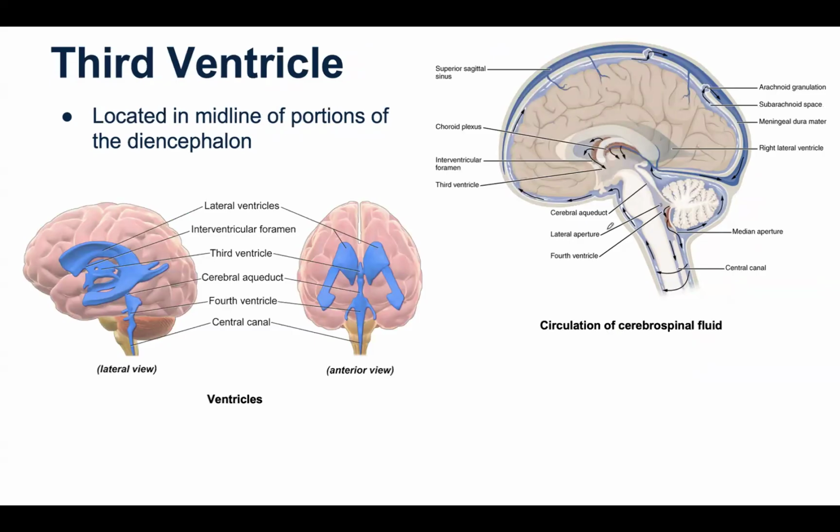All right, so the third ventricle is often the most difficult to conceptualize because it's located in the midline of the diencephalon. So it is the space and portions of the thalamus and the hypothalamus. And we often look at these illustrations of the hemisected or sectioned brain, and this is actually what we'll see a lot of in the lab as well.